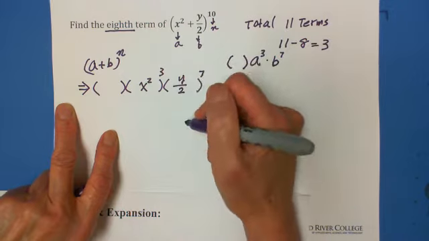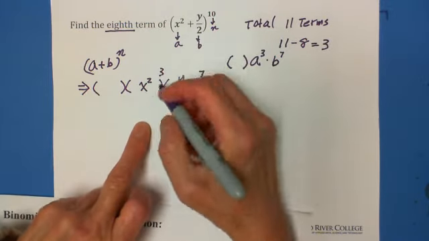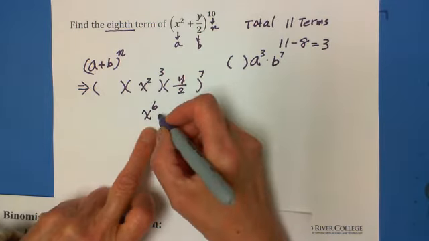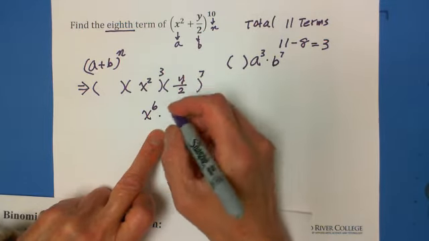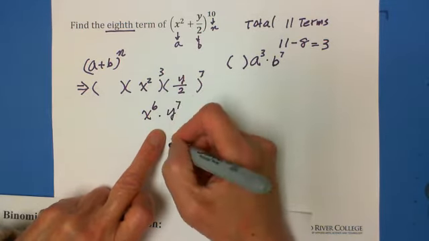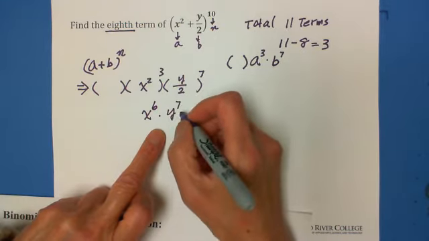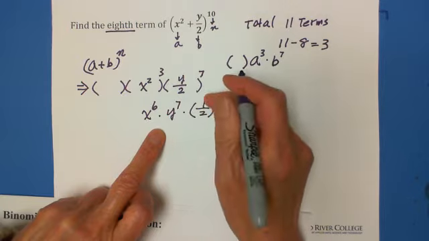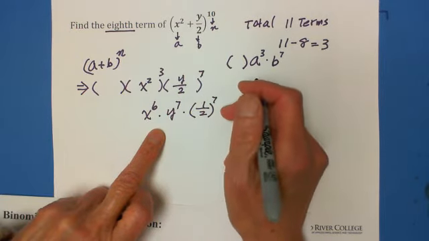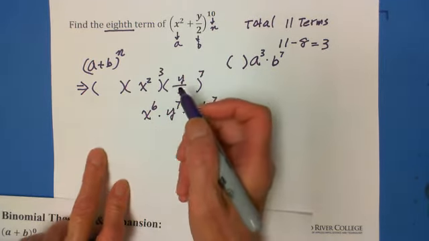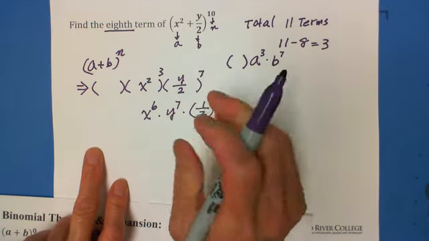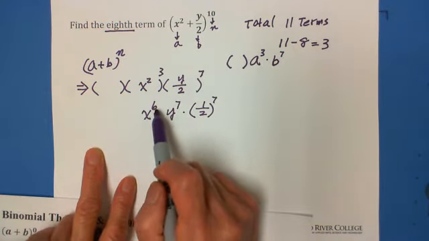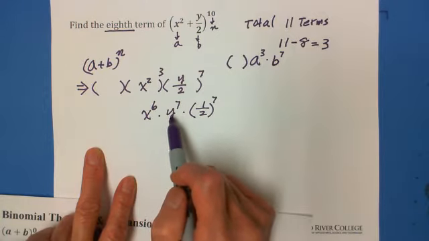Finally, x has a 6 exponent and y has a 7 exponent, and the 1 over 2 to the 7 will contribute to the final coefficient. In the first step we figured out x is 6 and y is 7.